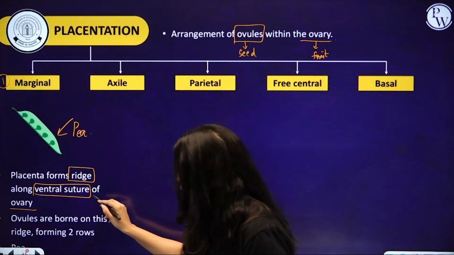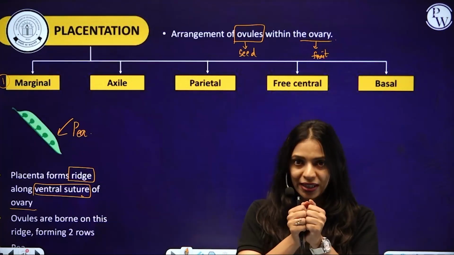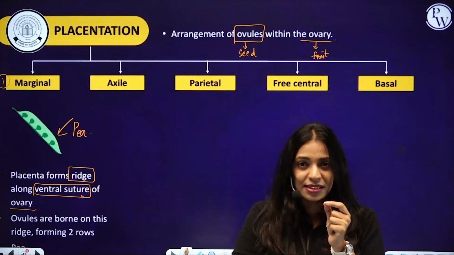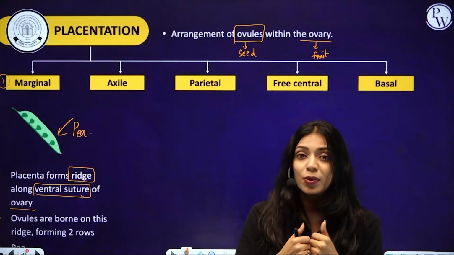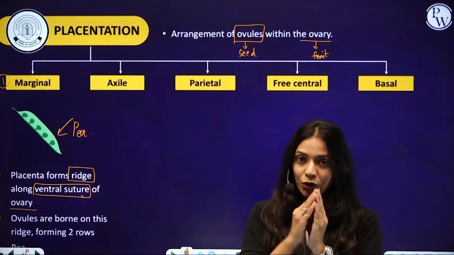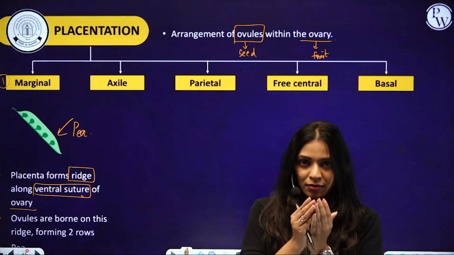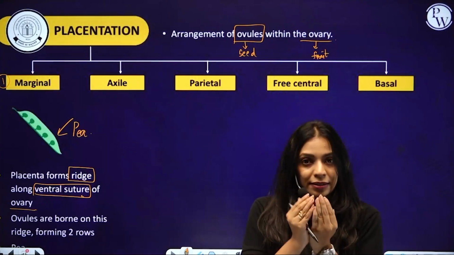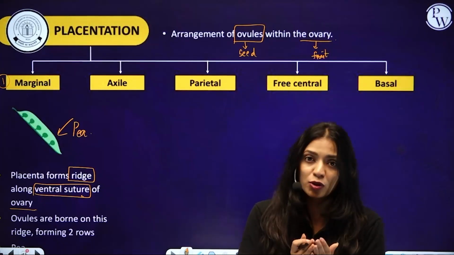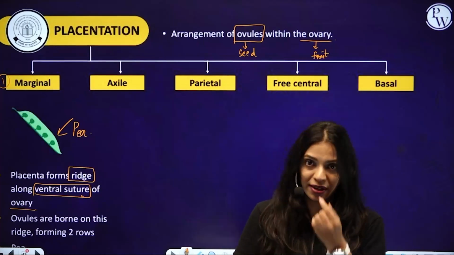Now, suture means when there are two things and you're joining them, there is a stitch-like thing that forms, right? That is what we call the suture. Over here, you know that in a pea pod, you have 2 different parts. They both are connected at two ends, right? The end at which they are ventrally joined is called the ventral suture. That is where the seeds or the ovules are attached.